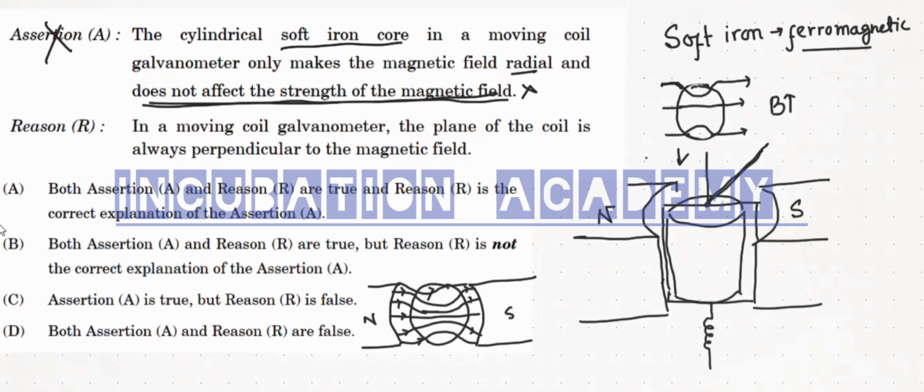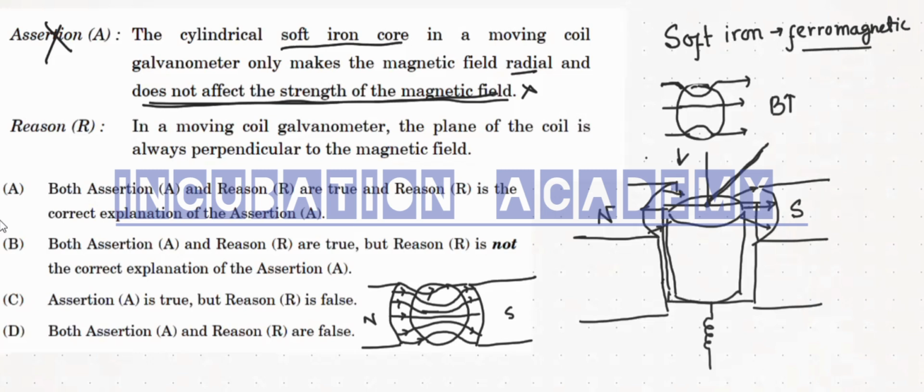Now, the reason says: in a moving coil galvanometer, the plane of the coil is always perpendicular to the magnetic field. The magnetic field lines are like this. I am drawing in this figure.